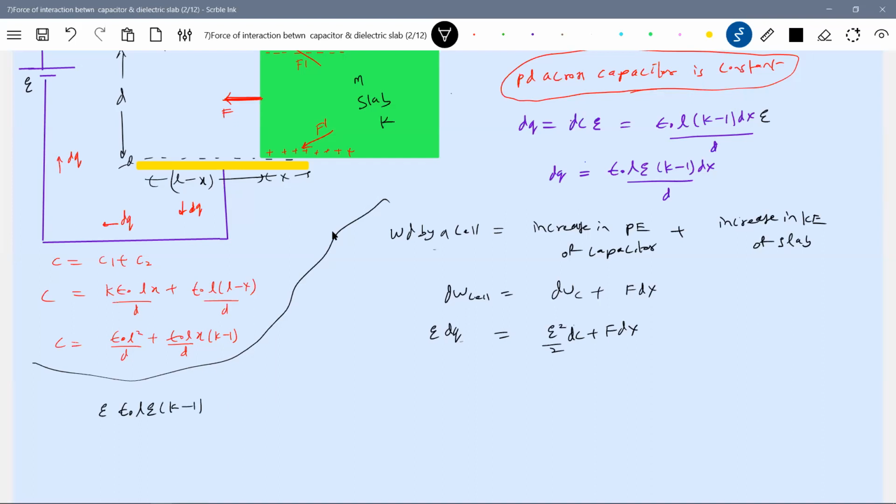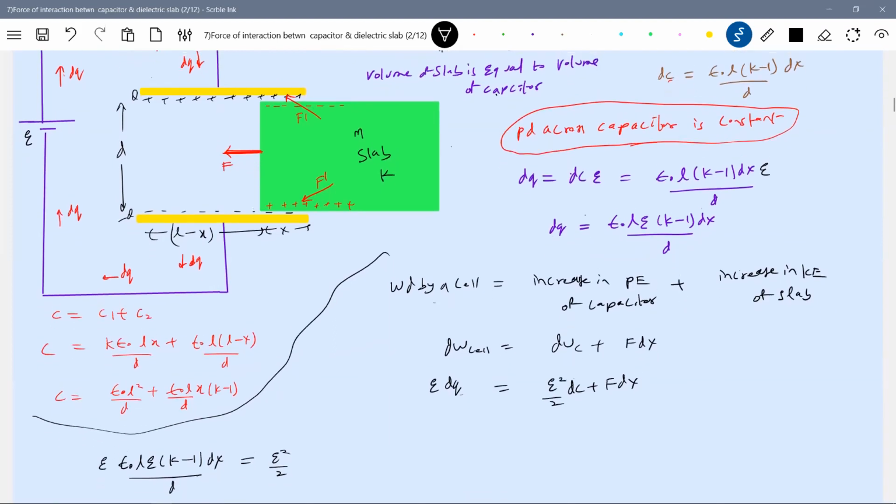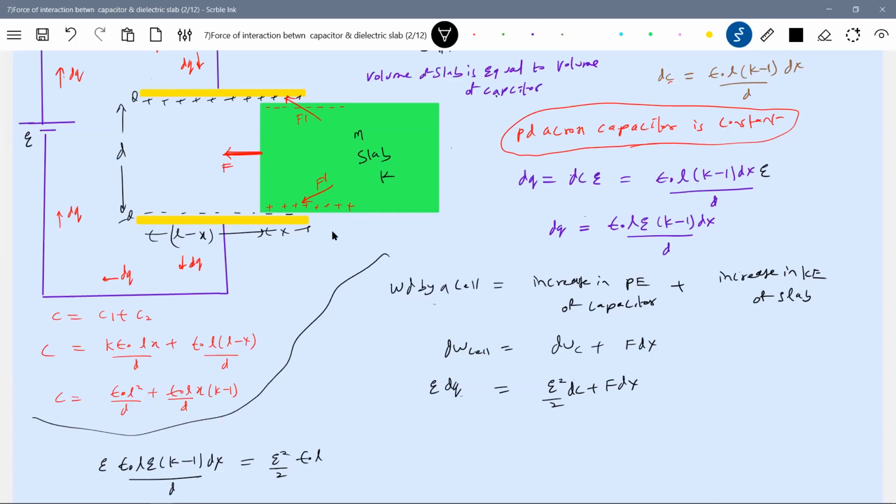Books give it in a very complicated way. They wanted the expression, not the concept. That's what I'm bringing through the energy equation. dC value is already there on the top, no? It is epsilon naught L (K minus 1) dx by d. This F I don't know, the F is the unknown thing. I'm not bothered about that.